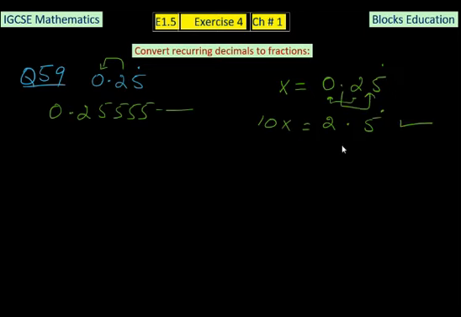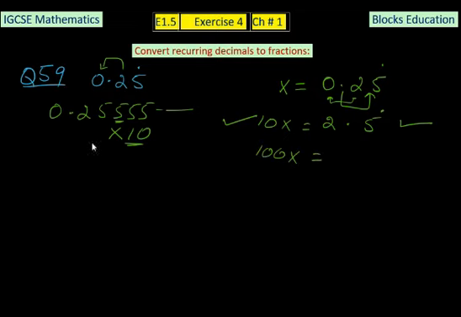So now you can just apply the same technique, and we know how many digits are repeating. Only one digit is repeating, so you are going to multiply once again by 10. So actually your procedure is starting from here. This is your starting point now, because first of all you had to write 0.25 with 5 recurring into a standard recurring decimal format. Now you multiply by 10 here, so 10x is already here. 10 times 10x equals 100x.